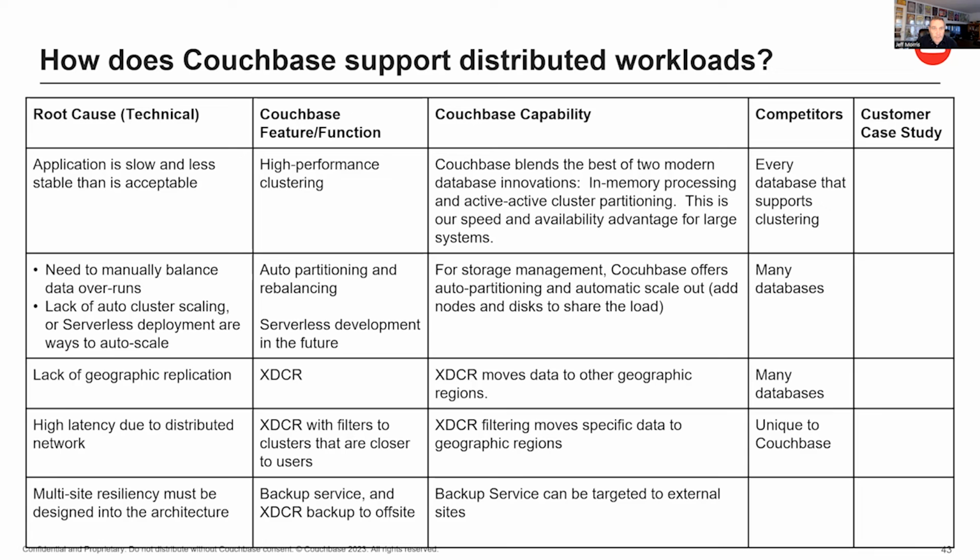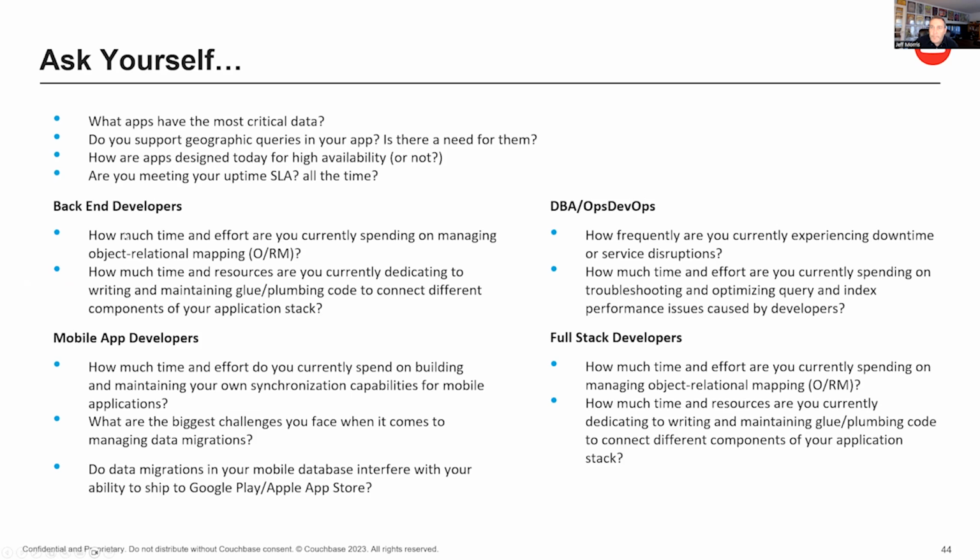If you don't have geographic replication, cross-data center replication solves for that. If you have a lot of latency within the distributed network, setting up extra clusters closer to where the users are is typically a good idea. Multi-site resiliency has to be designed in, so we have backup services that run alongside or within every cluster, so that you always have a cold copy of all of your work.